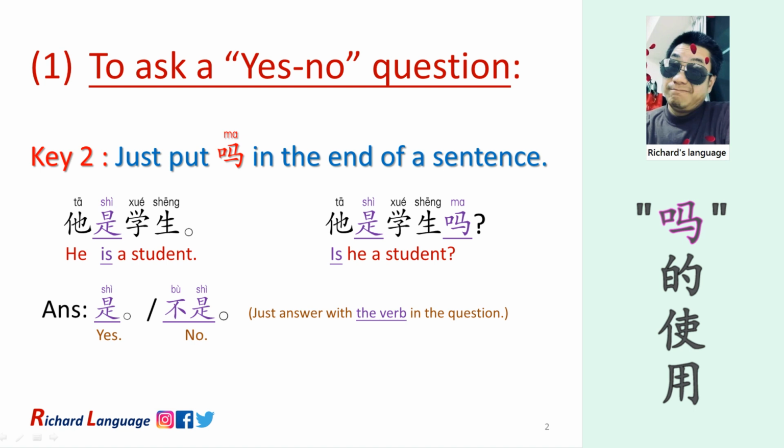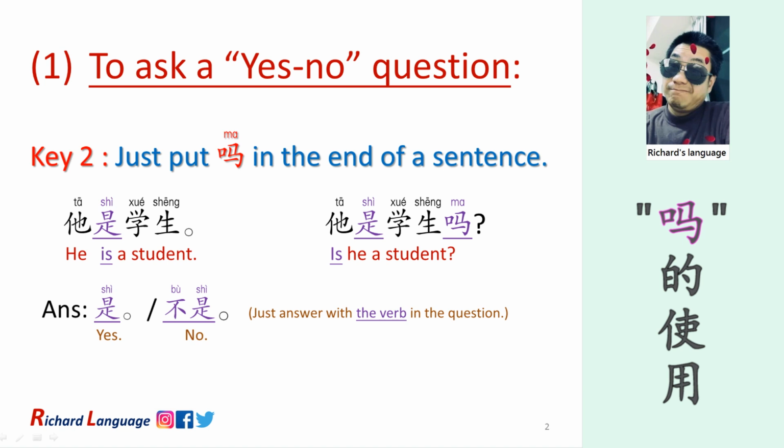If we want to change this sentence into a yes-no question, then we just add ma in the end of this sentence. For example, 他是学生吗？ You know, like in English, we change the sequence of the words.